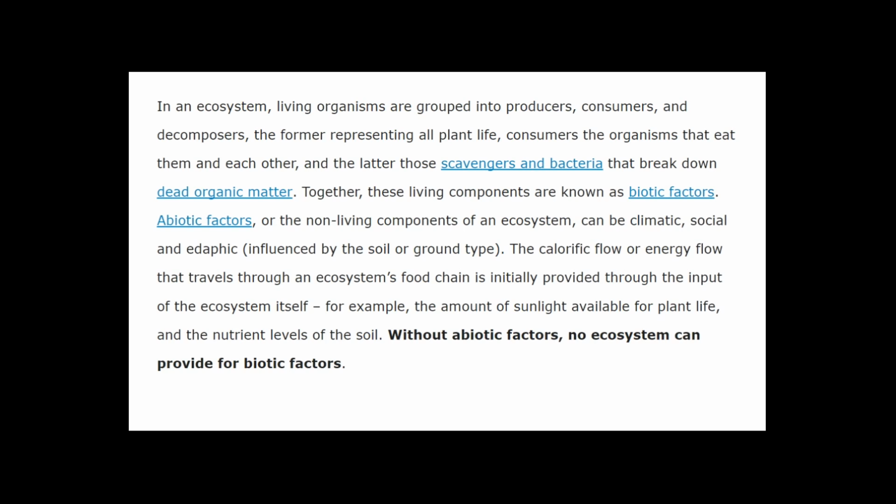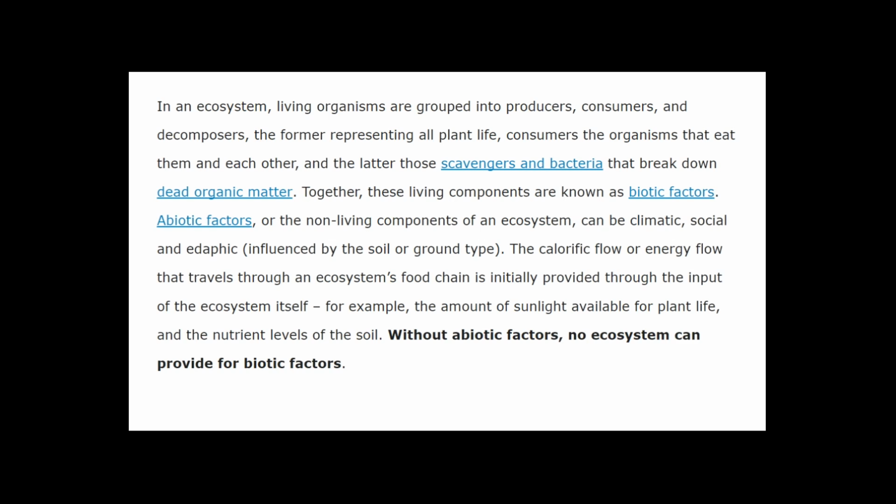In an ecosystem, living organisms are grouped into producers, consumers, and decomposers. The former represents all plant life, consumers are organisms that eat them and each other, and the latter are scavengers and bacteria, which break down dead organic matter. So scavengers and bacteria are decomposers.